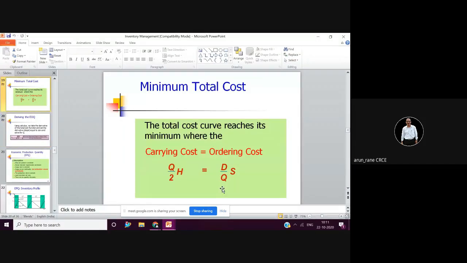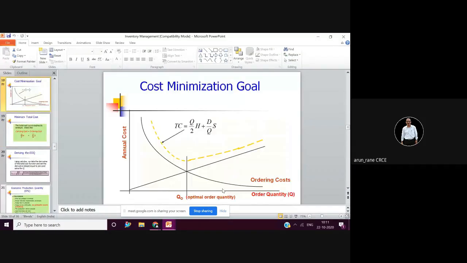I also discussed, just to recap, what will be the optimal order quantity. The optimal order quantity will be where the cost is less. If you consider this graph, at this point your cost is low.